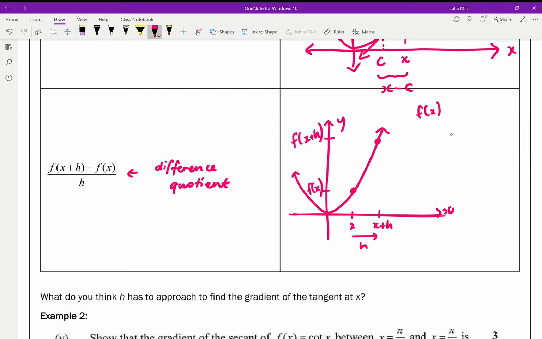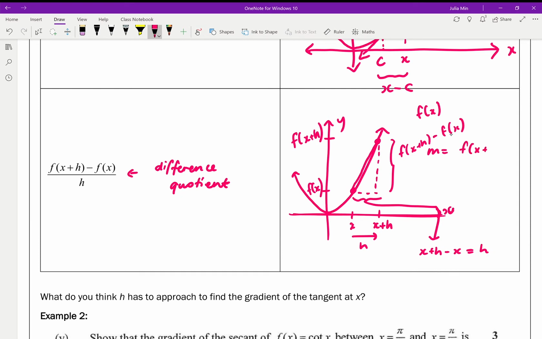Okay, and then to find the gradient of said chord, or the average rate of change, would be rise over run. So m would equal, well, the rise would be f of x plus h minus f of x, and the run would be x plus h minus x, which is just h.